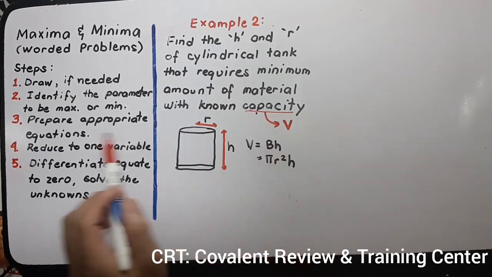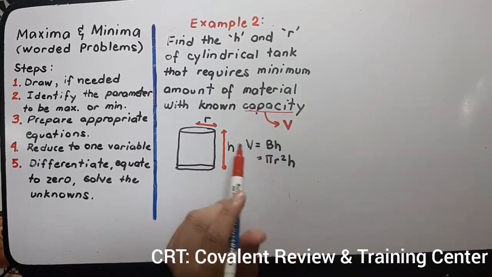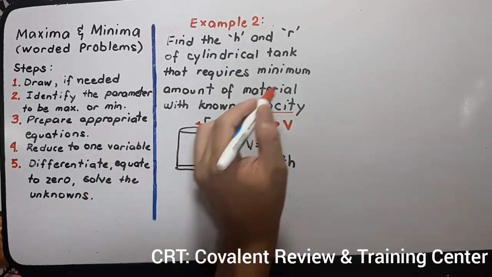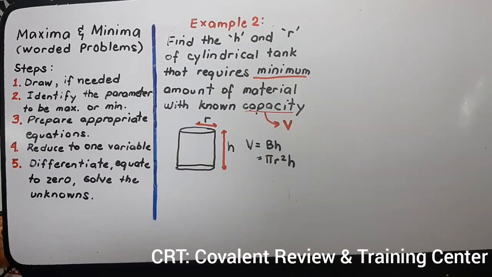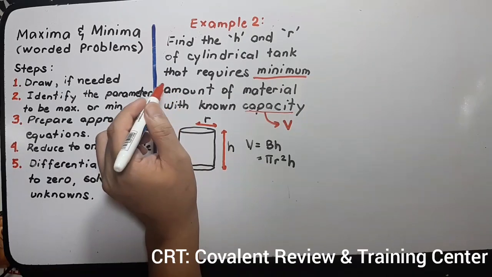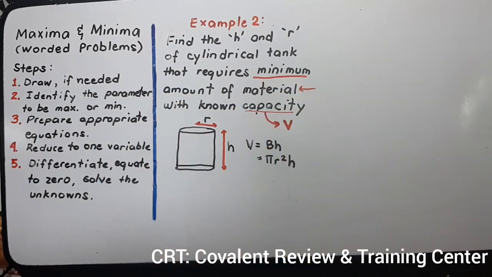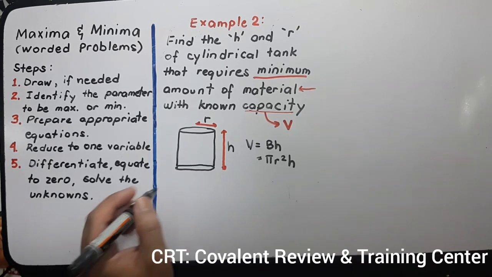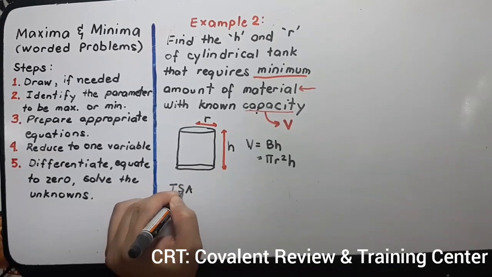Then, with respect to step number 2, identify the parameter to be maximized or minimized. In this case, the required parameter is to be minimized, and that is the amount of material. The amount of material is the so-called total surface area. So this is to be minimized, the total surface area.